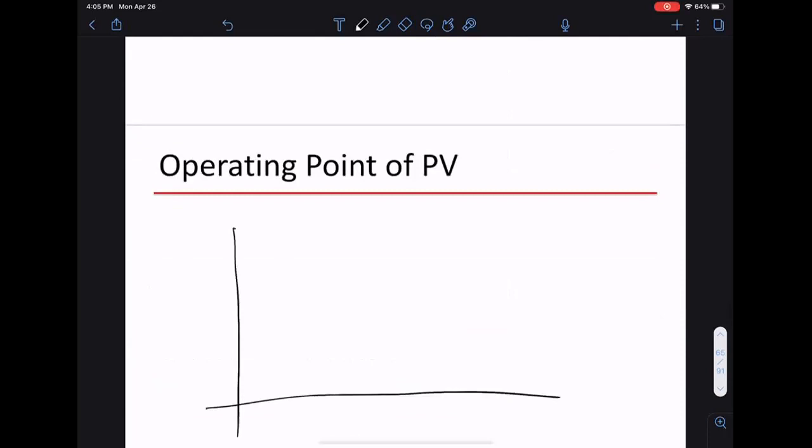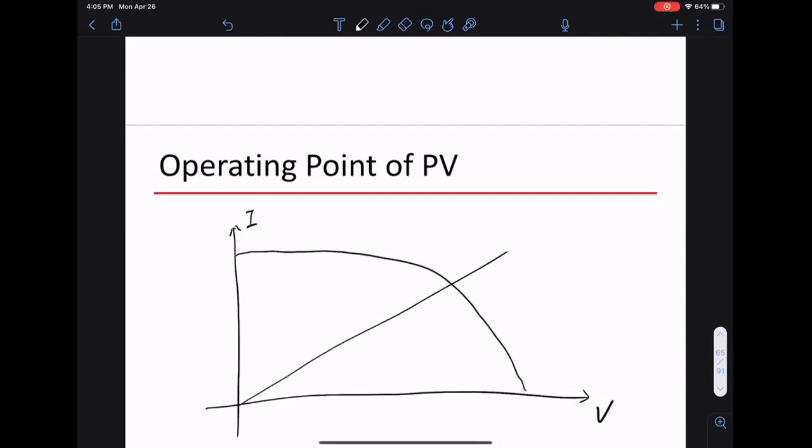If you look at the VI curve of the cell, it looks something like this. Then by changing different loads, I can hit different points, right? If my load is a resistance, I can hit a point on the VI curve. If I change my resistance, I can hit, for example, another point on the VI curve.